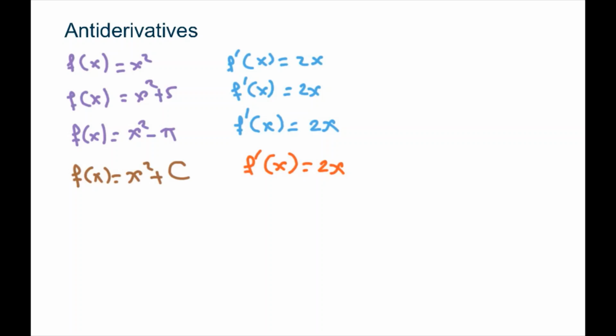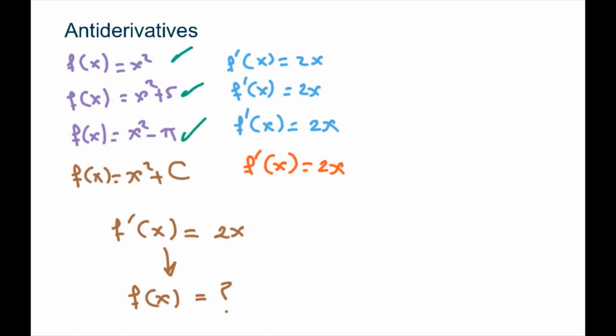Let's say someone asks you, if f prime of x equals 2x, what was the original function? So basically, he's asking about the antiderivative. Well, the derivative 2x came from the function x squared, or x squared plus 5, x squared minus pi, or in general, you can say x squared plus c, any constant.